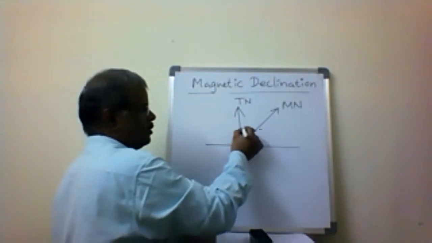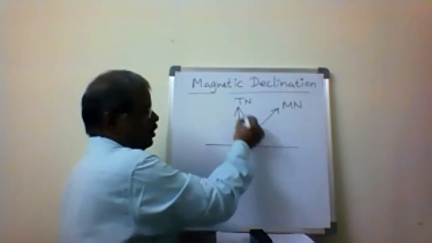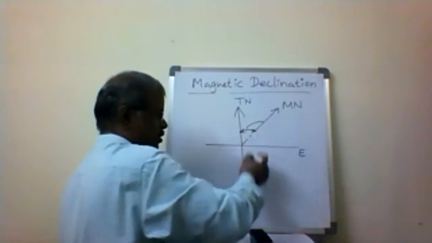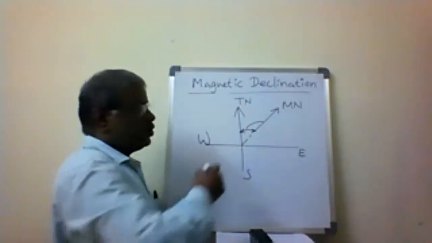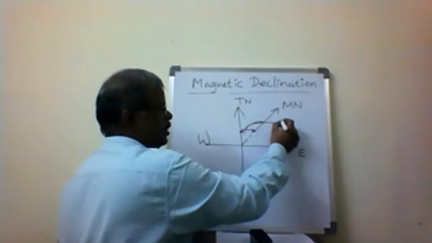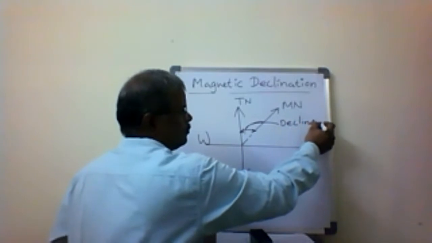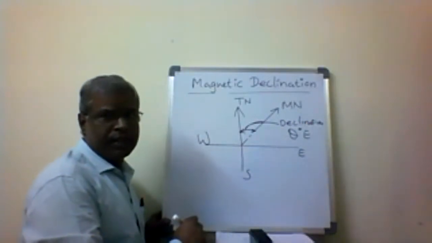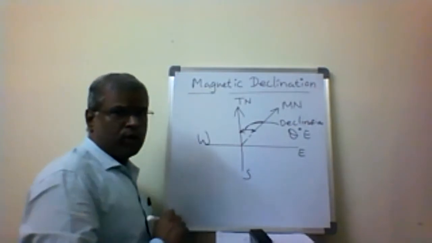What is the angle between the true north and magnetic north? This is the angle between true north and magnetic north. This is east, south, and west. This we call the declination theta degrees east. Declination theta degrees east means the angle between the true north and magnetic north is called the declination.